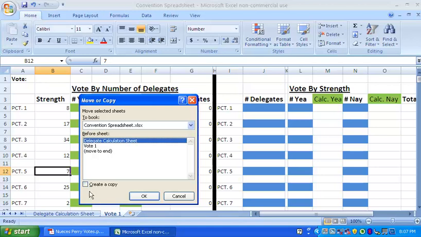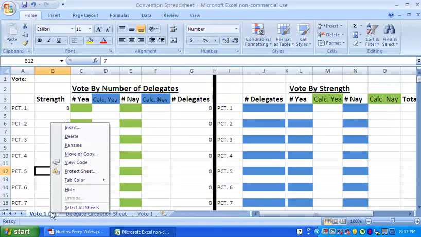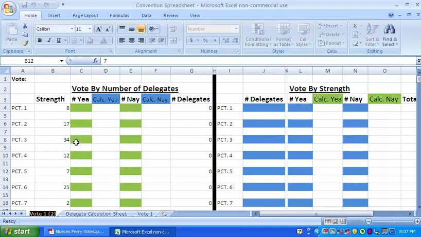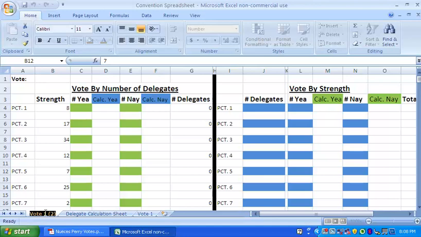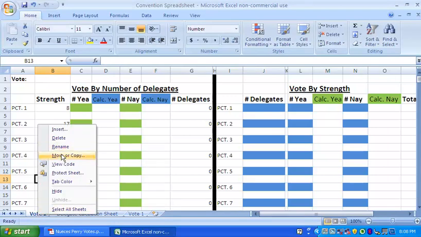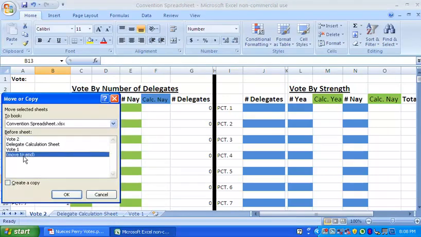We're going to go to vote 1, create a copy, and rename it vote 2. And then we're going to move this to the end. Just say move to the end.